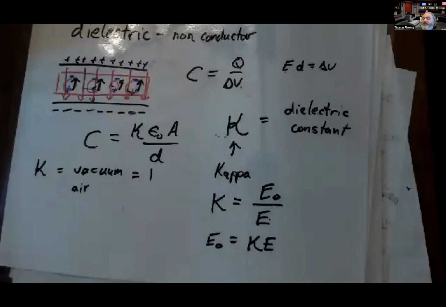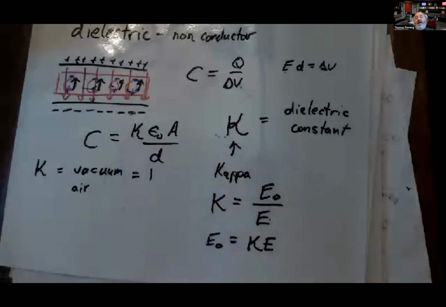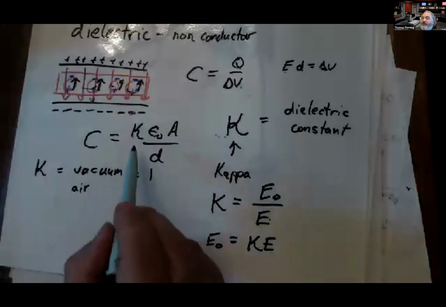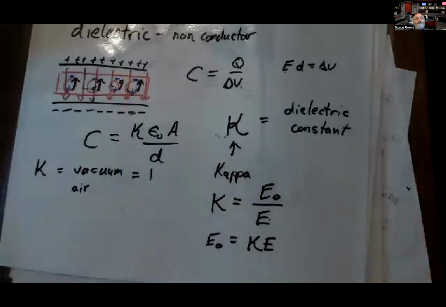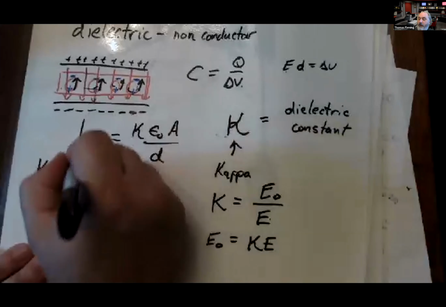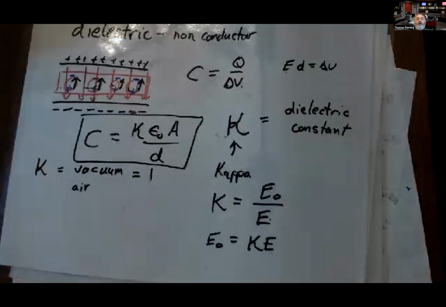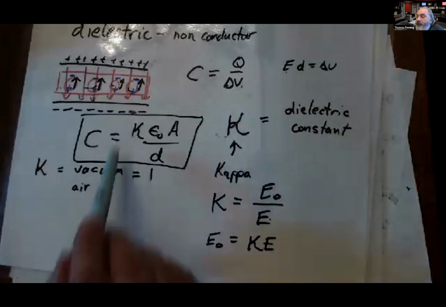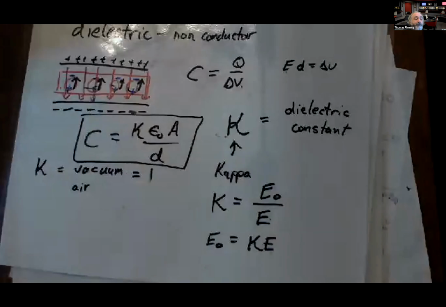So if I have air or vacuum in between, kappa is equal to 1, and we just have the same expression we had a minute ago. If I have any other kind of material, kappa is greater than 1, and my capacitance is going to be a little bit extra large. So this is our corrected expression for the capacitance of a parallel plate capacitor, but adding in the effect of the dielectric in between. So far, so good.